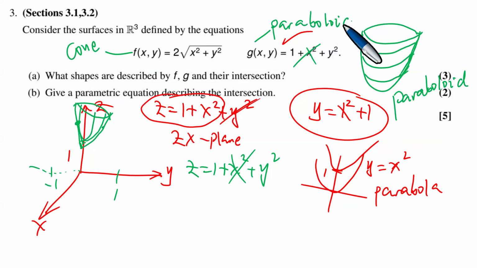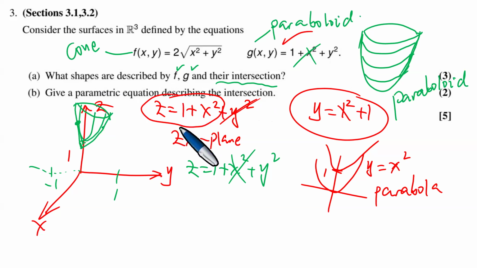Now we need to say what shapes are described by F, G, and their intersection. So the intersection will therefore be what?